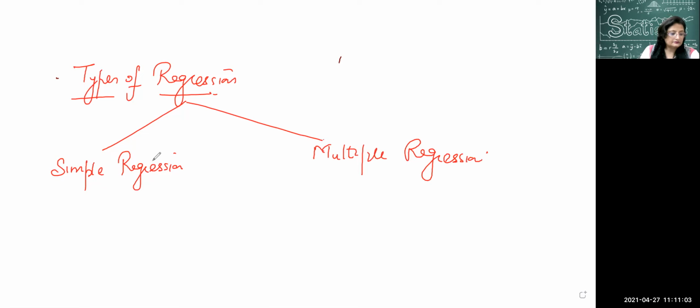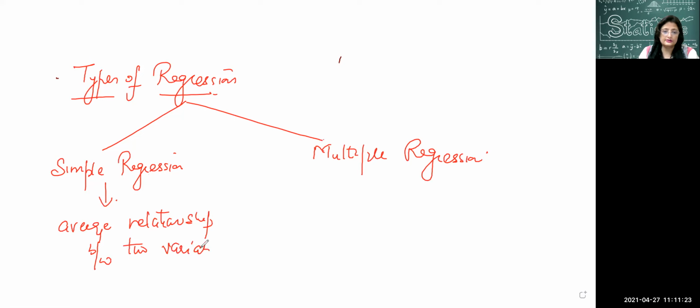So in simple regression, we find the average relationship between two variables only, right?